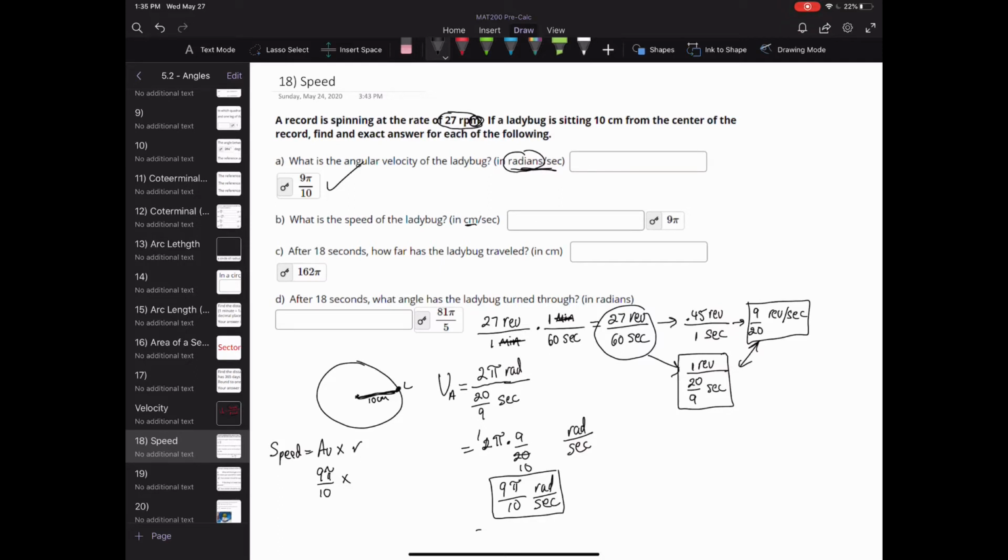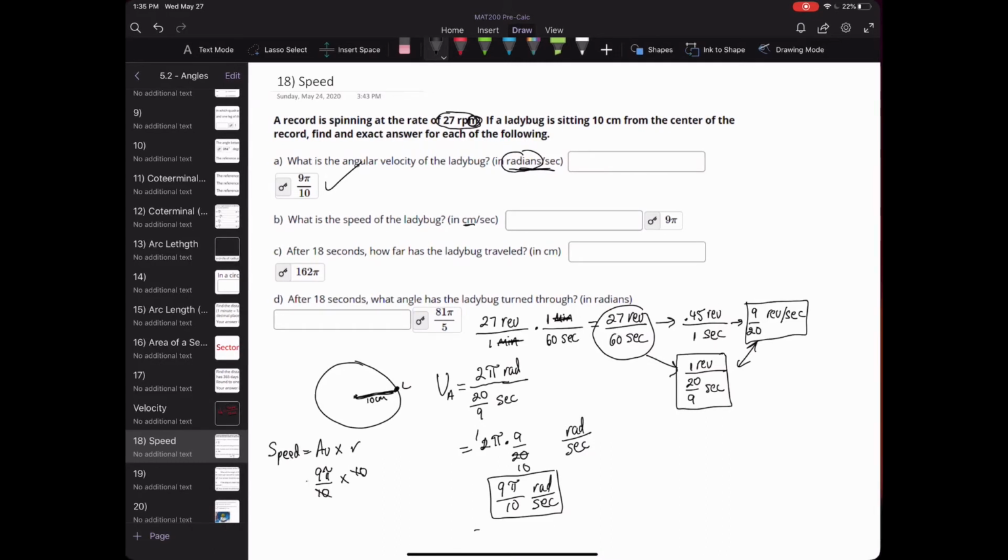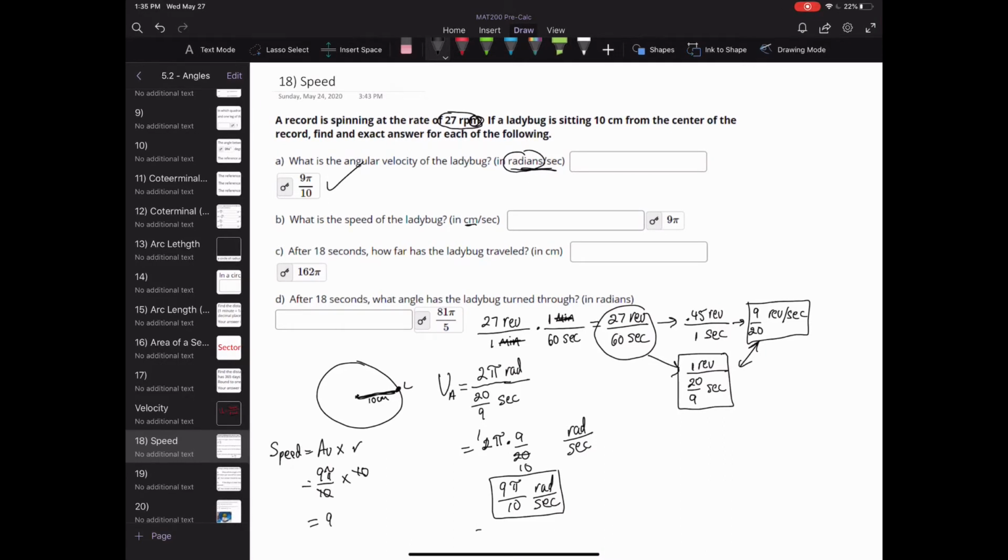Okay, so the radius is 10 centimeters, and we could just cancel. Well, the 10 cancels with the 10, and we end up with 9 pi centimeters per second. And that's the answer right there.